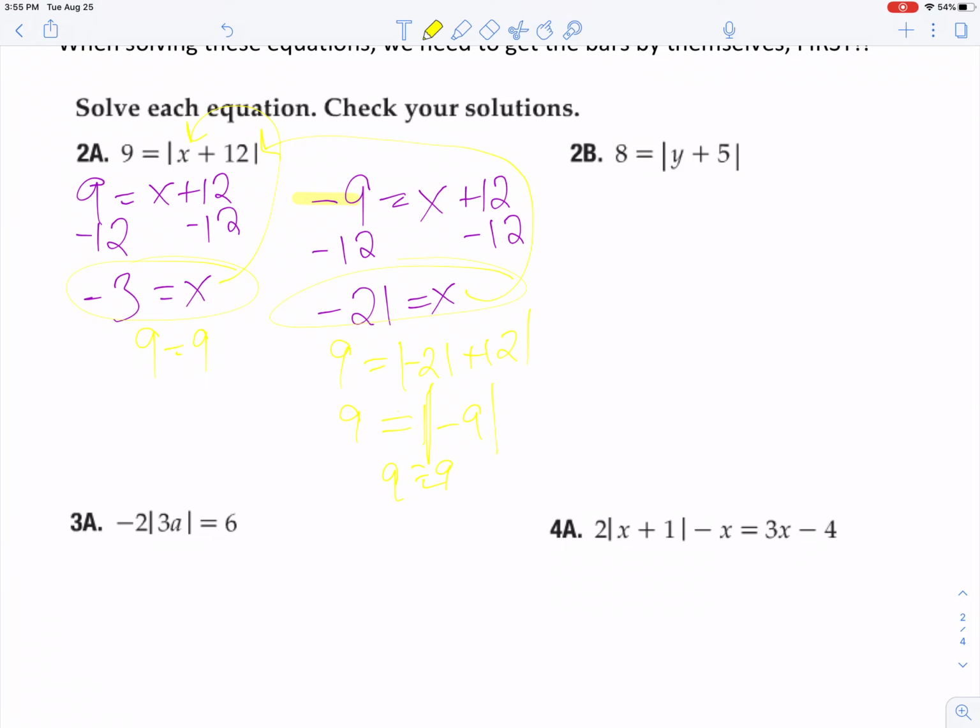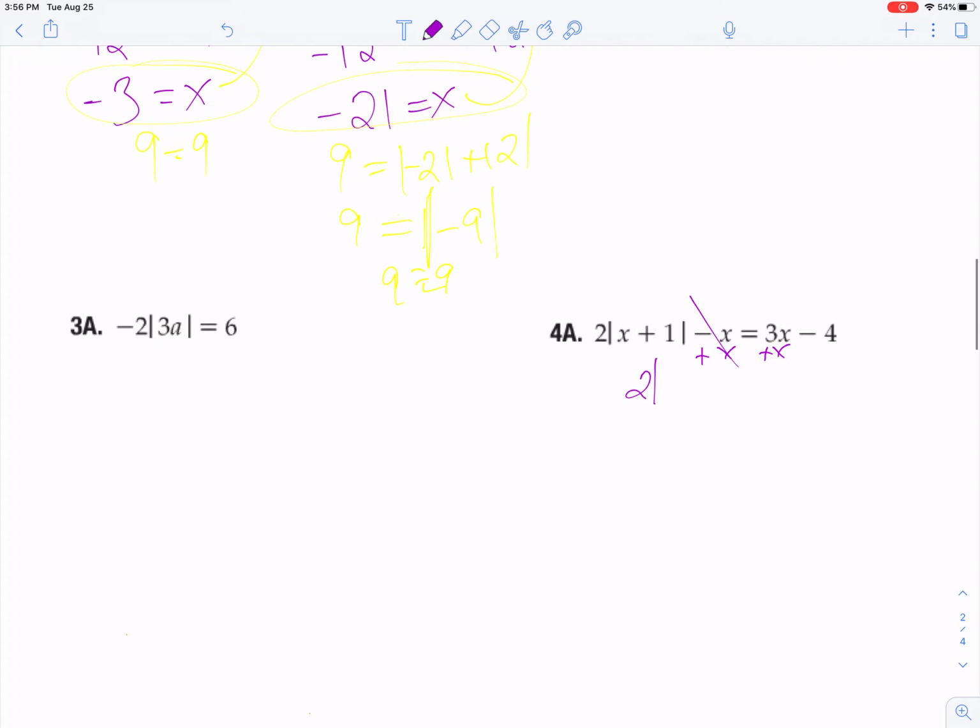So let's try 4A. Here's a hint to you. When you are solving these, get the absolute value bars by themselves first. So I'm going to add x to get 2 times the absolute value of x plus 1 equals 4x minus 4. Divide by 2.